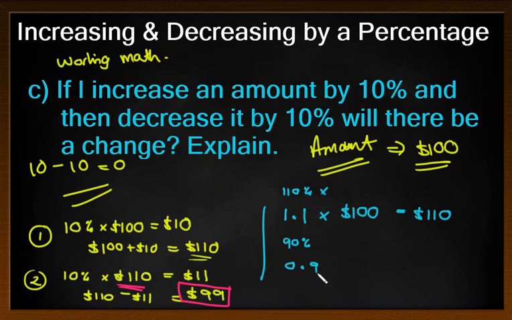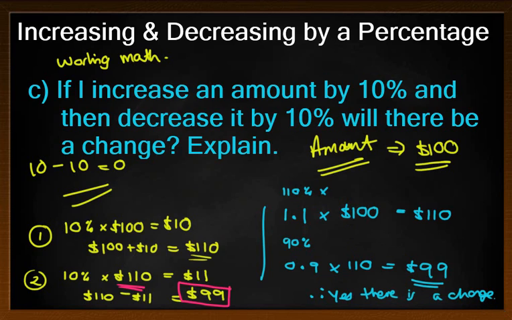So 0.9 times the new amount of 110 will end up with that $99. And either way, you can say, therefore, yes, there is a change. We lose $1, unfortunately.